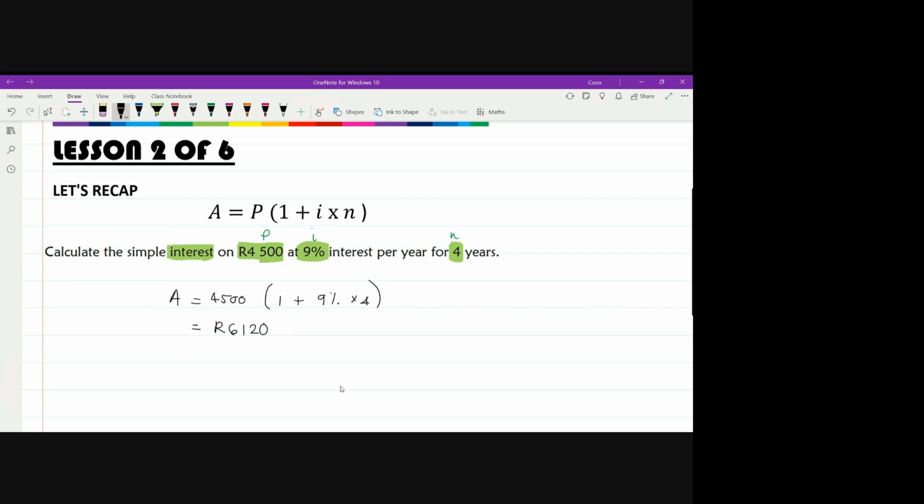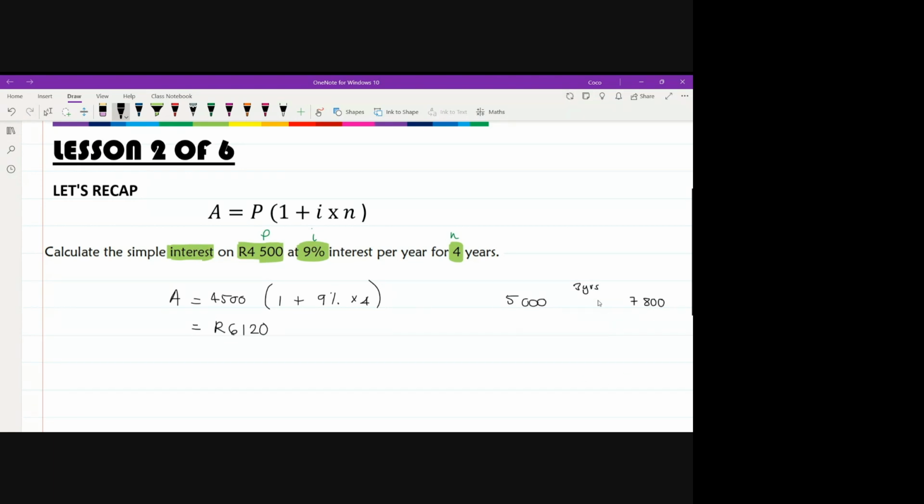So I want us to understand the difference between an interest rate and interest, because it's quite important that we know the difference between the two. Let's say I put 5,000 Rand into an account and it earns interest. Maybe after 3 years, I have 7,800 Rand in my account.